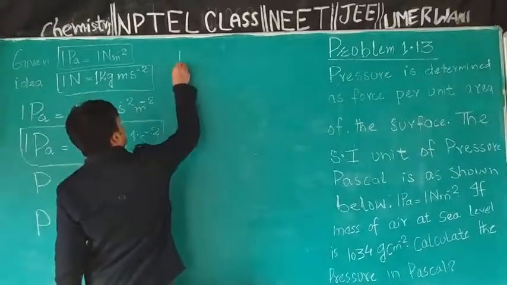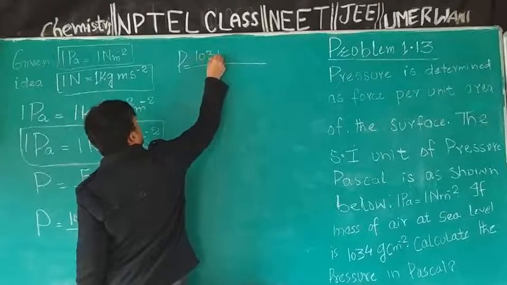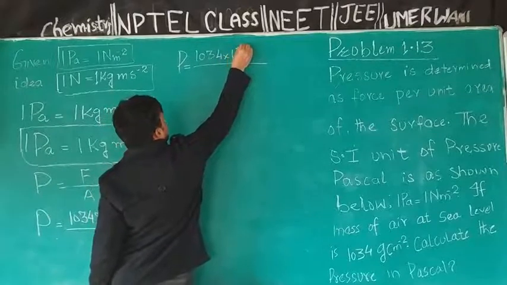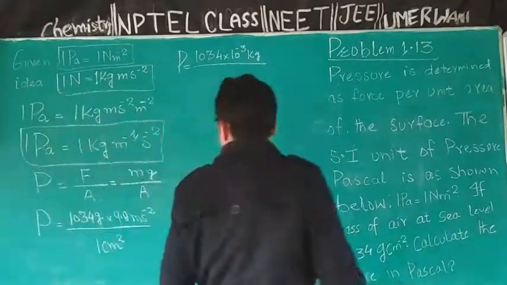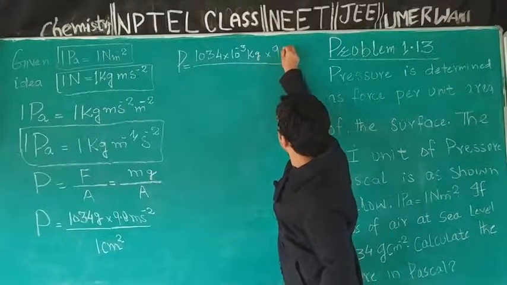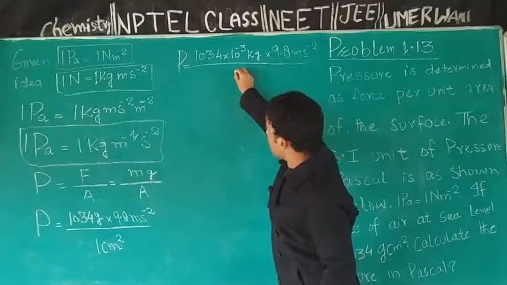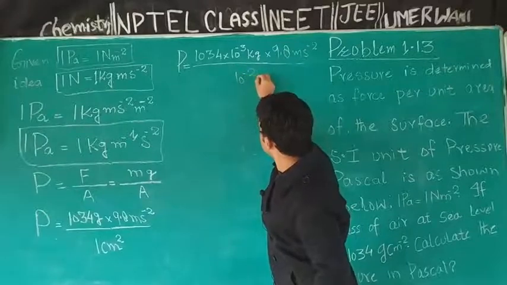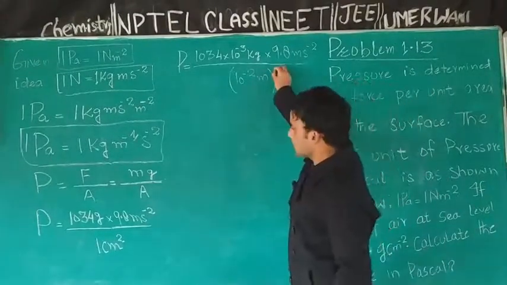Pressure is equal to 1034 gram, which is 1034 multiplied by 10 raised to power minus 3 kg, multiplied by 9.8 meter per second square, divided by area. 1 centimeter is equal to 10 raised to power minus 2 meter, so centimeter square is 10 raised to power minus 2 meter raised to power 2.